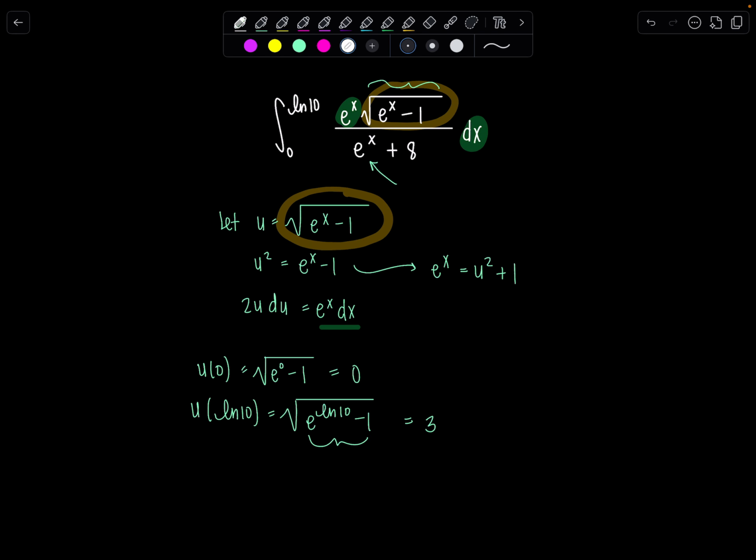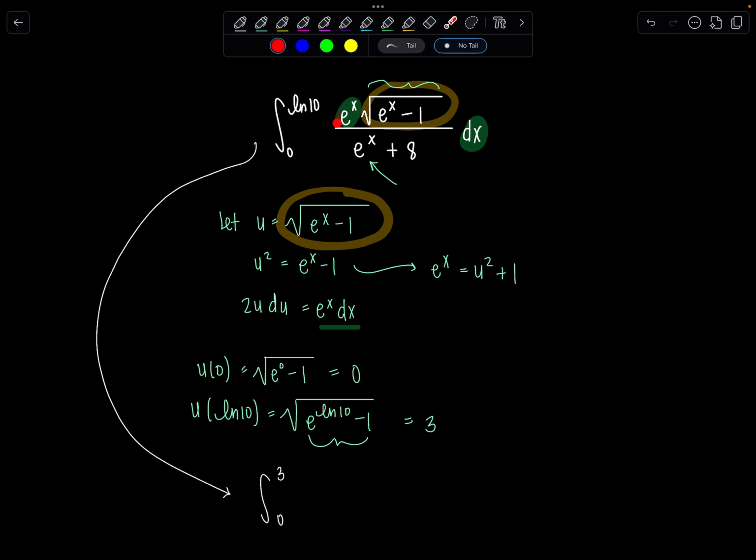Okay. So here we go. Let's rewrite everything in terms of u. New lower limit, 0, stays 0. New upper limit, 3. This e to the x dx is right here, 2u du. Let me take the 2 outside. I have u, we'll put the du over here.